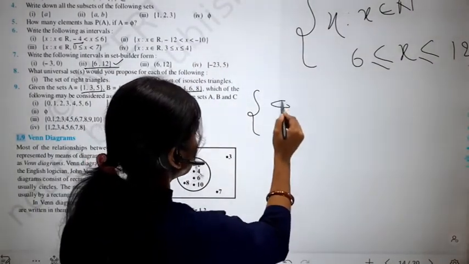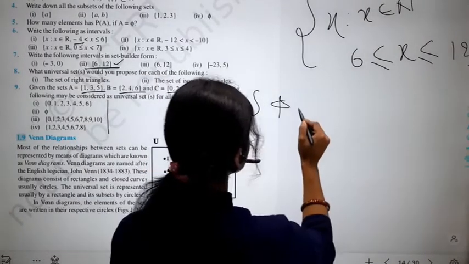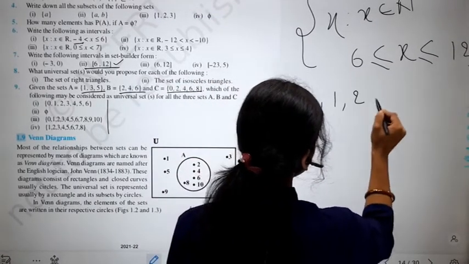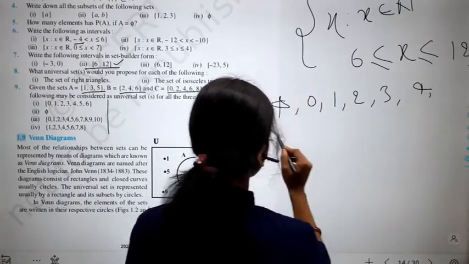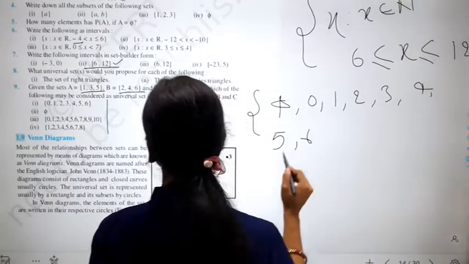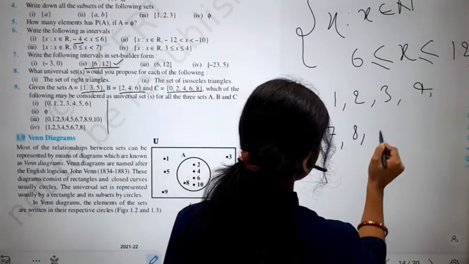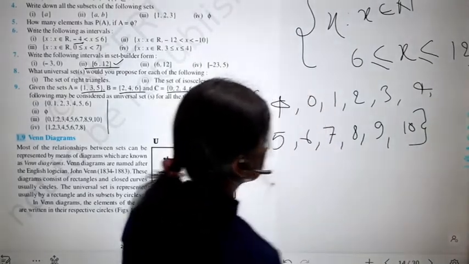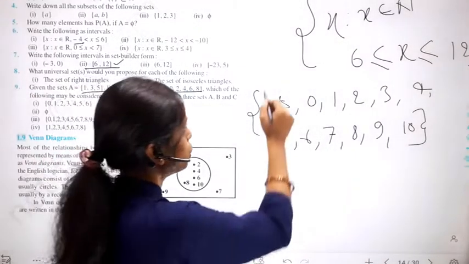And which elements will be? 1, 0, 1, 2, 3, 4, 5, 6, 7, 8, 9. This will be considered as a universal set.